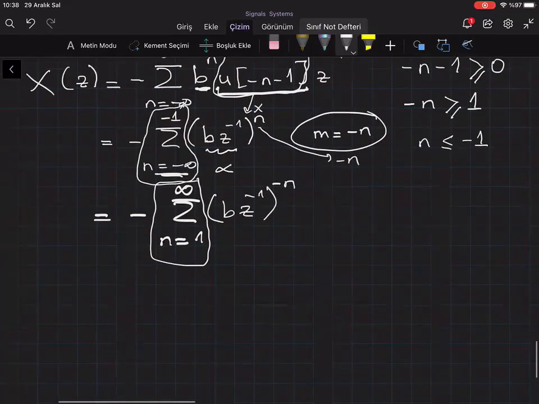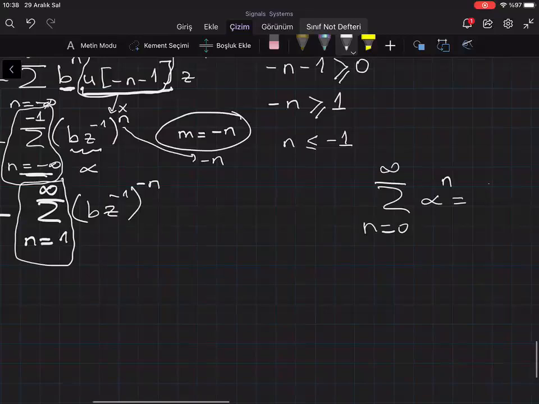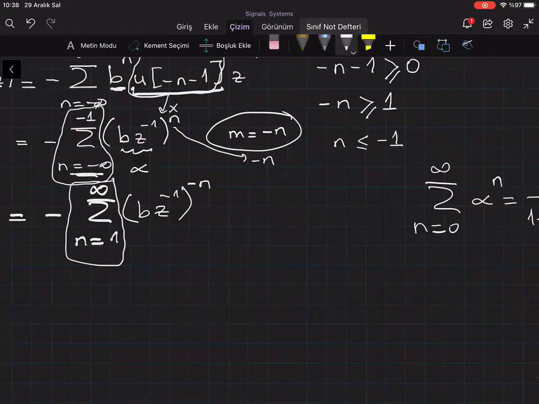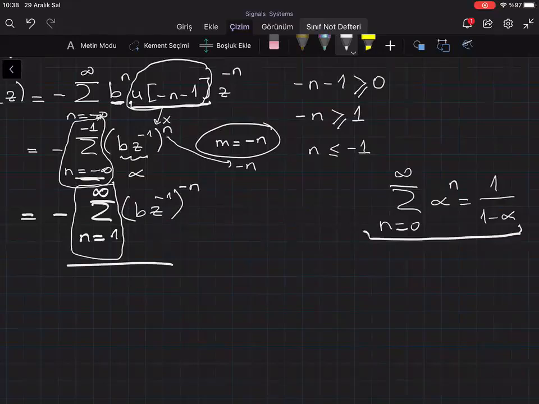So what should I do next? If you remember, my formulation was the sum over n from 0 to infinity of alpha to the power n is equal to 1 over 1 minus alpha. How should I arrange my formulation in such a way that I will go from here and make it similar to this one? What should I do, arkadaşlar? I should first take this minus inside.